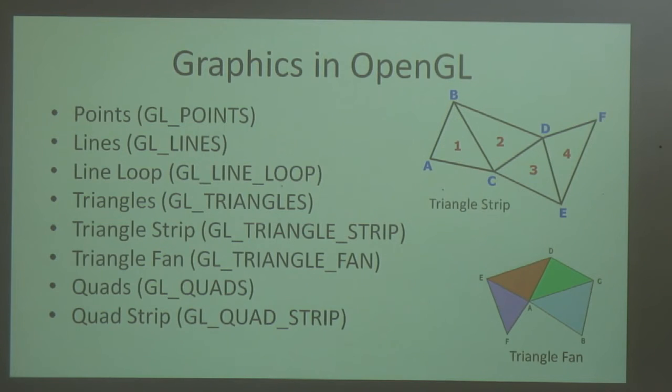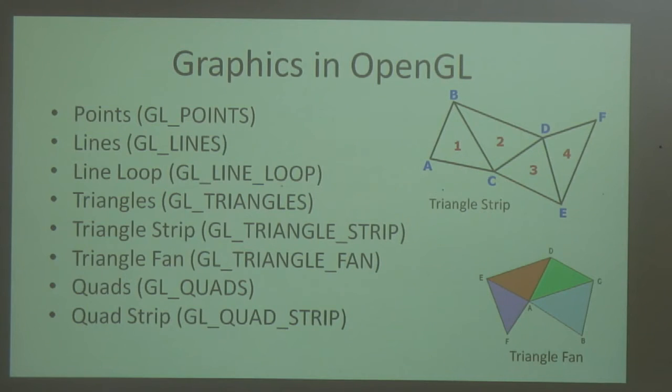Yeah, so that's the difference between points, lines, and line loops. So points will just draw every single point. Lines will grab every 2 points and draw a line. Line loops will grab as many points as they can, connect them all together. Then we move on to triangles.